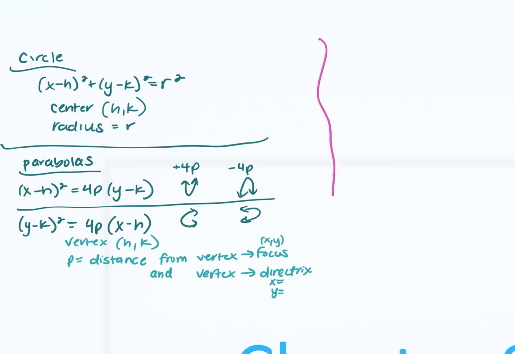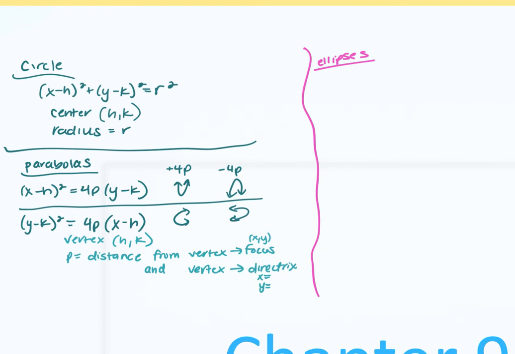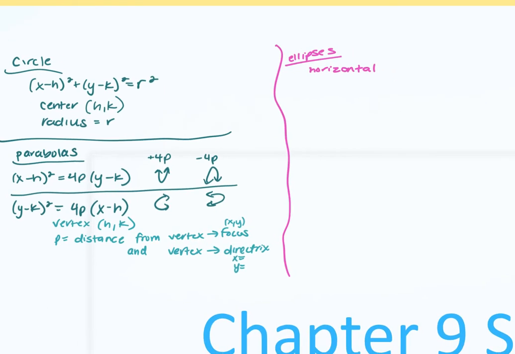Then we moved into ellipses. And again, there are two kinds. There are horizontal and there are vertical. The horizontal is x minus h squared over a squared plus y minus k squared over b squared equals 1.